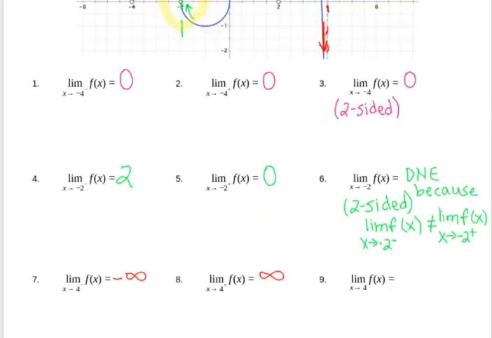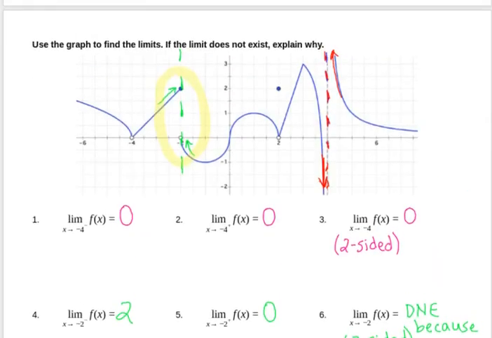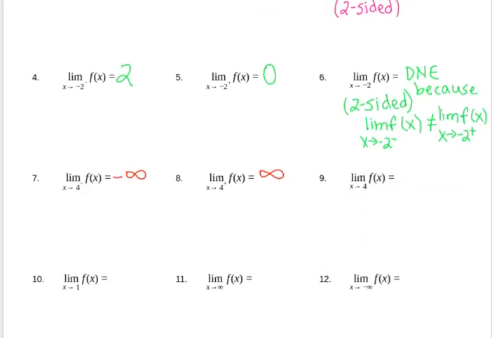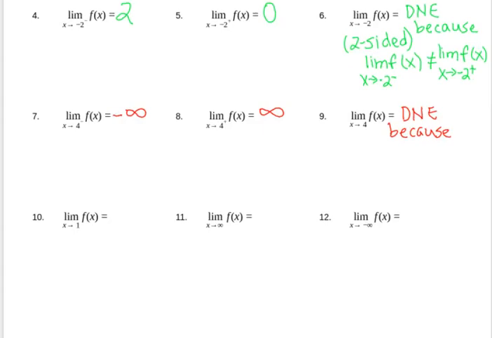So if we look at the overall limit, again, if we take a look at the graph, we can clearly see from the left and the right, it's not approaching the same thing. We also did the evaluation already. From the left, it's negative infinity. From the right, it's positive infinity. So hopefully that means you can already tell me this limit does not exist, because this is where you're going to get all your practice with your limit notation.